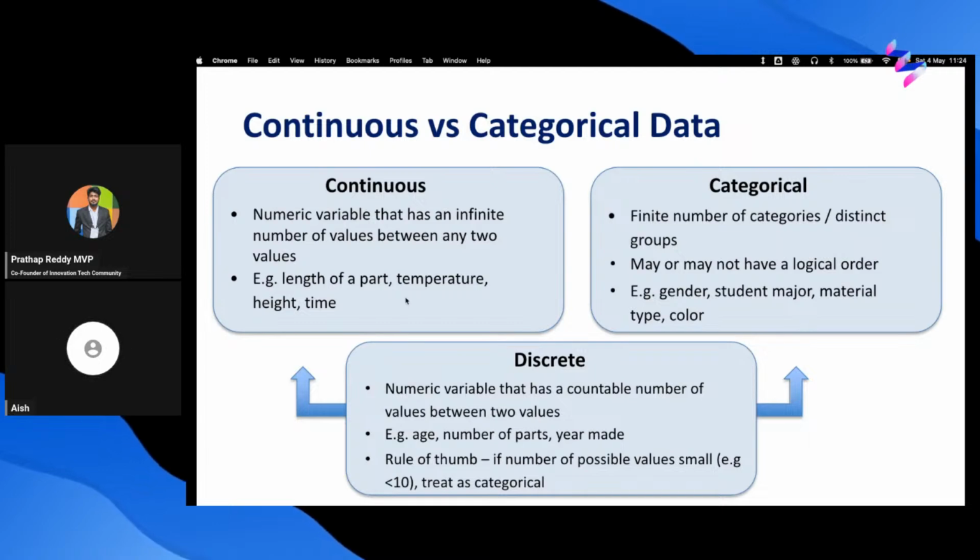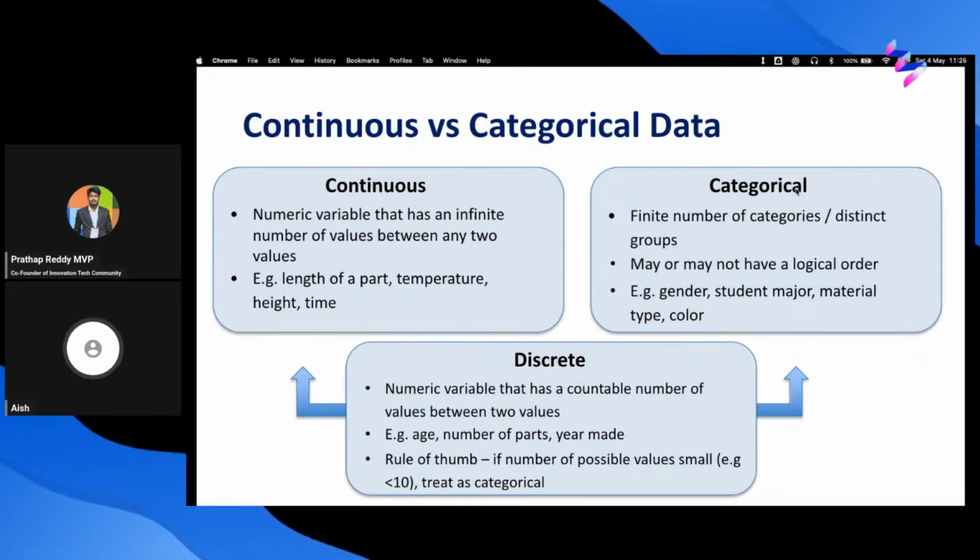For example, I know the temperature in Bangalore in May since the past 10 years. Now I have to predict what is going to be the temperature in Bangalore tomorrow. That is an example of continuous data, because temperature can be anything, like 2.8, 35.4, anything at all. So that is continuous data.